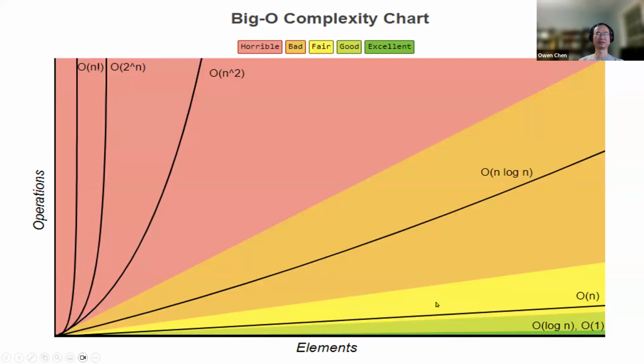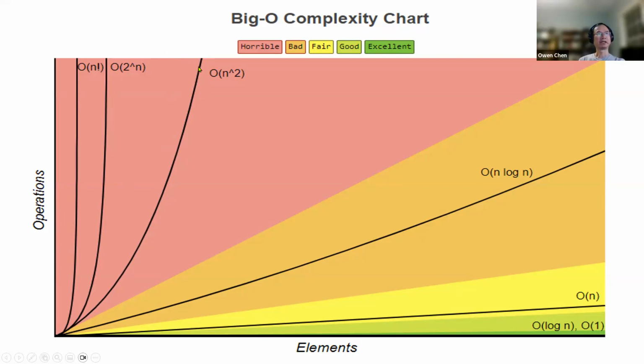And then the next one above this linear line is n log n, going a little faster than the linear one. But n squared is way faster than n log n. And n cubed is somewhere in between there.